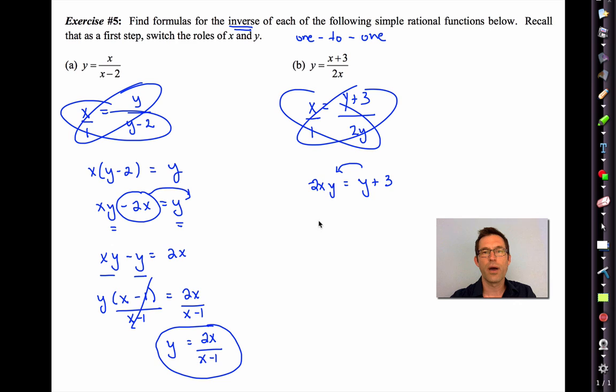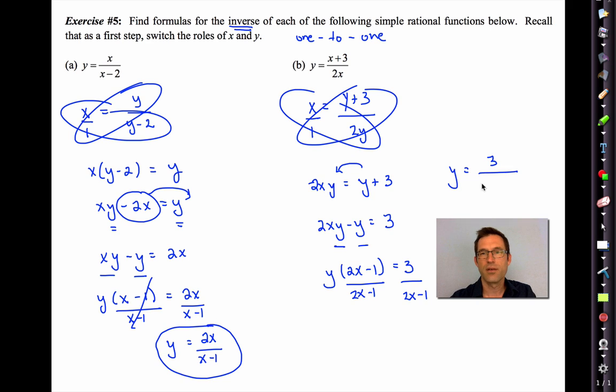I'm going to move this y over to this side, and I'm going to just leave the 3 alone. I now can factor a y out of each of those, and then divide both sides by 2x minus 1. So I find that the inverse is 3 divided by 2x minus 1.